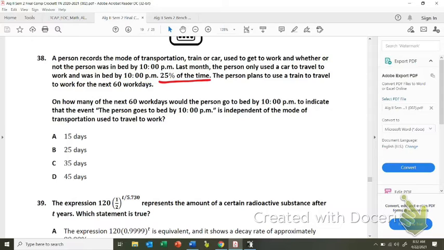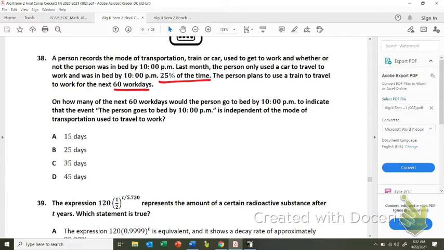The person plans to use a train to travel to work for the next 60 work days. On how many of the next 60 work days would the person go to bed by 10 p.m. to indicate that this event is independent? If something is independent, what does that mean?